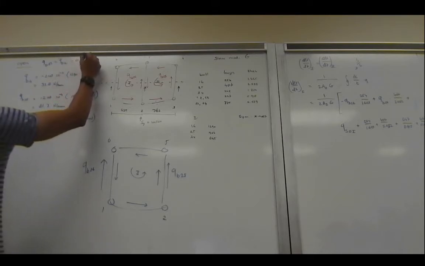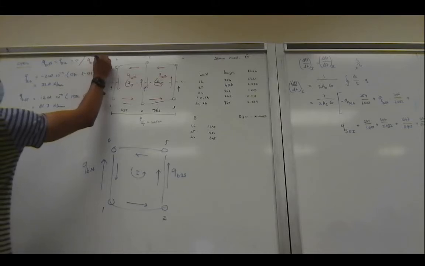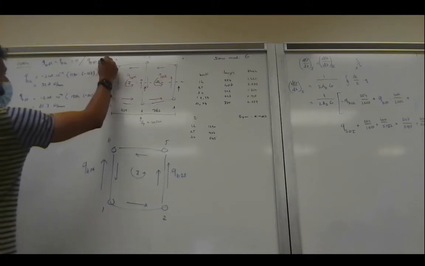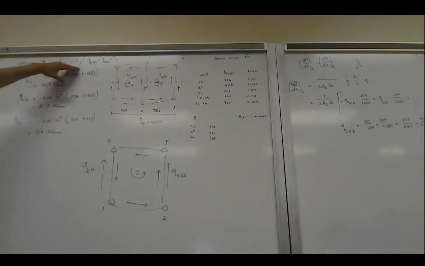Well, we also know that QB 5,1 is equal to QB 2,3 is equal to 0. So this is basically your initial condition based on your cut. So your initial condition changes, of course, then this also will change.